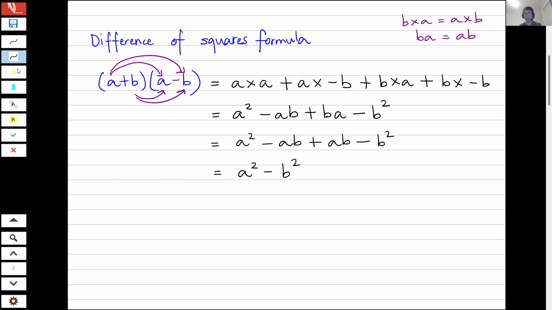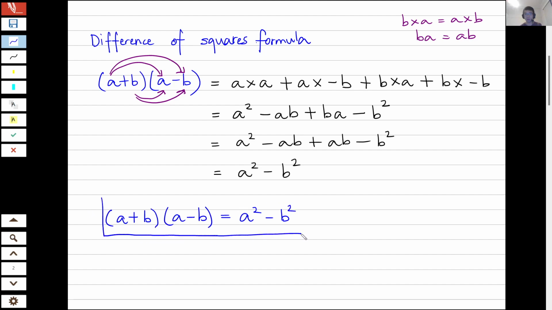Now, instead of expanding the brackets every single time and going through all this algebra, because this comes up so frequently, we're going to give this a name. We're going to call this the difference of squares formula. And wherever you see a plus b, a minus b, or equivalent, we are going to deploy this formula.